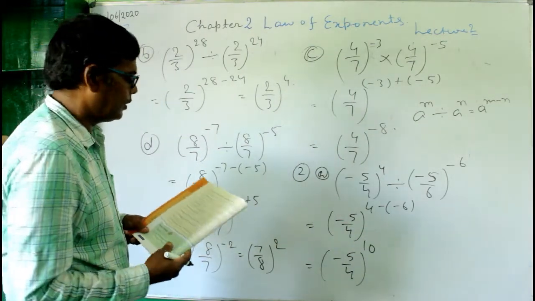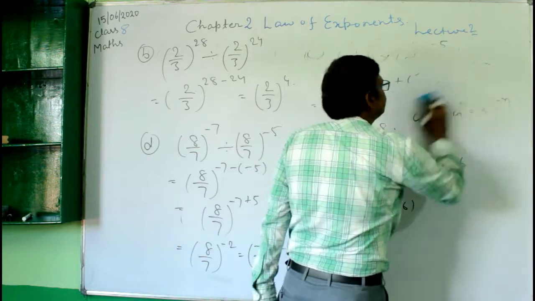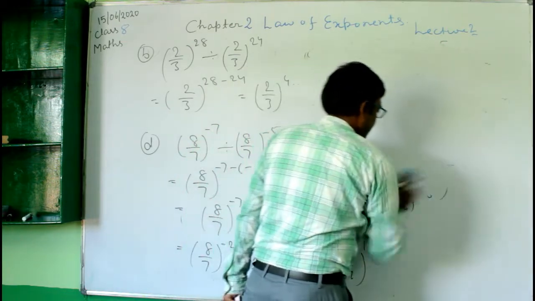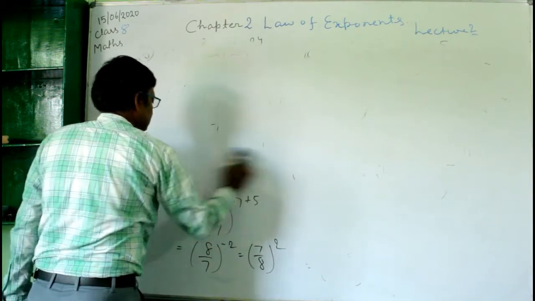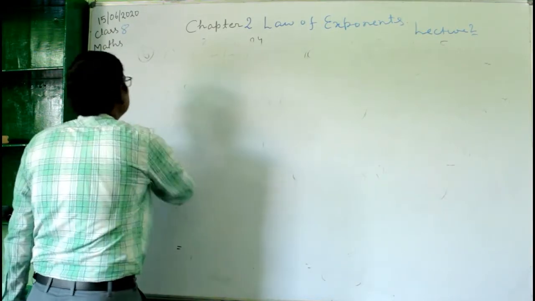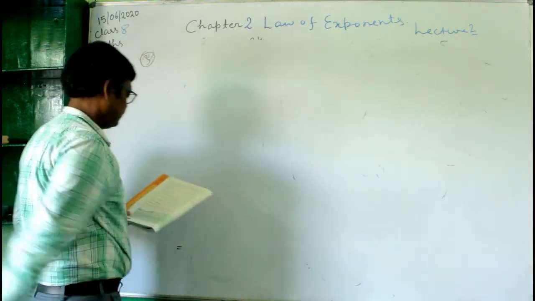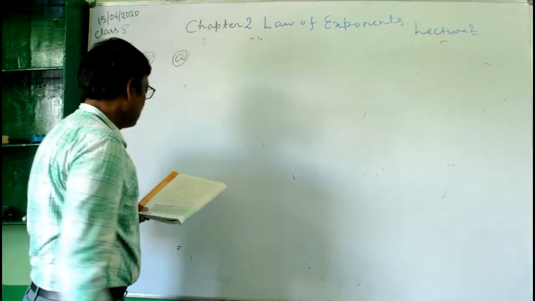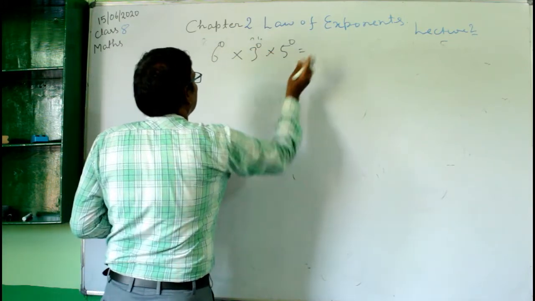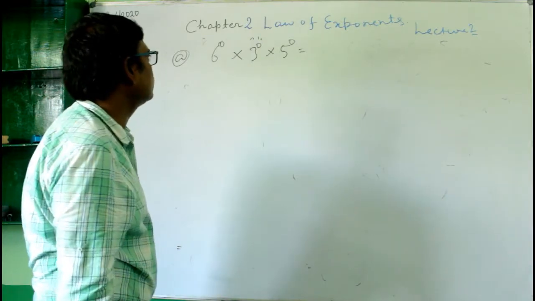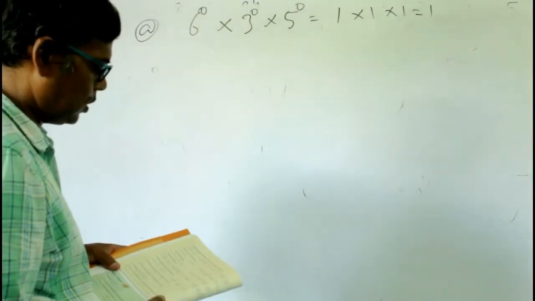Here the first question is 6^0 into 3^0 into 5^0, and I have just explained to you that when the power is 0 its value is 1, so it is 1 into 1 into 1, equal to 1. This is the answer.